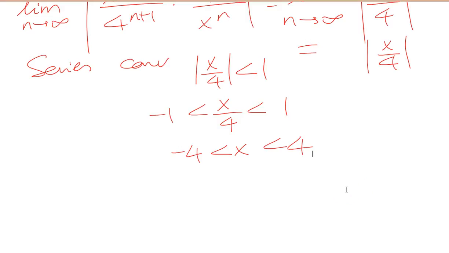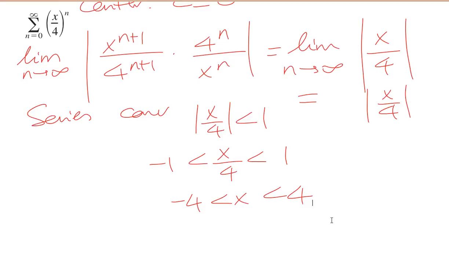Now, what about the endpoints? Alright guys, now look. When x is negative 4, does the ratio test tell us anything about the series? Let's go and have a look. When x is negative 4, the limit of the ratio is absolute value of negative 4 over 4. In other words, absolute value of negative 1, which is 1.